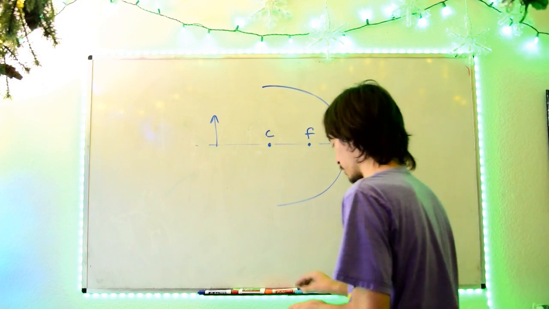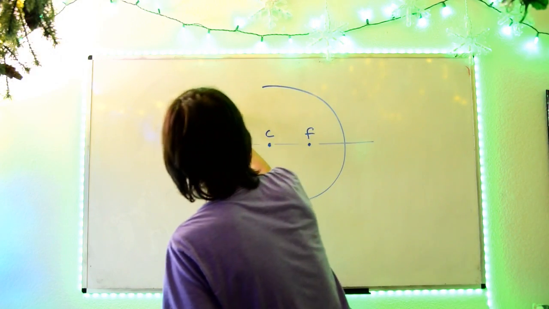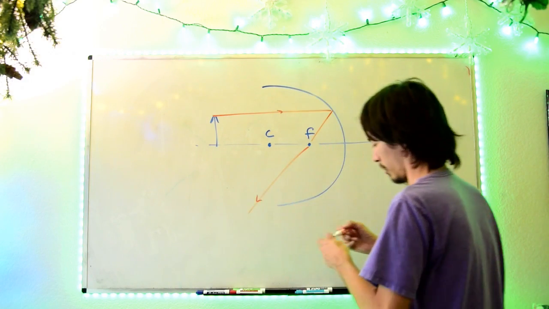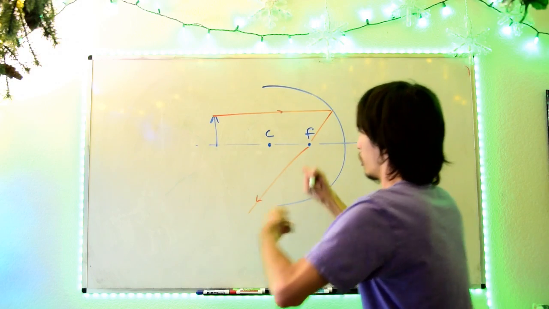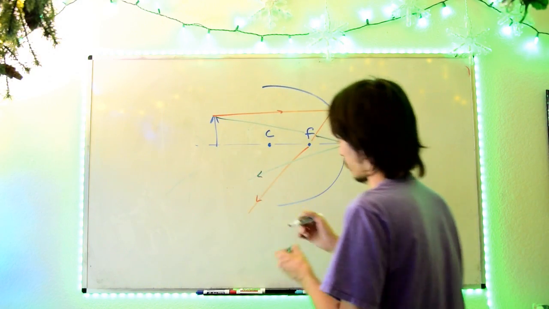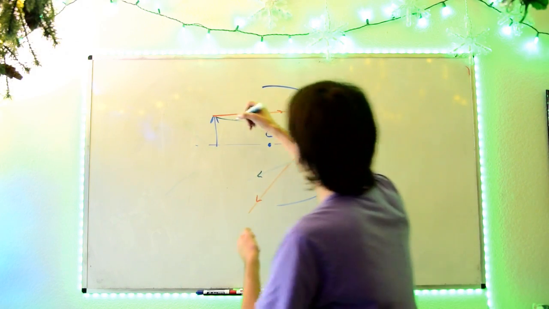So if I were to do a quick ray trace without much explanation, I can show you real quickly. Parallel ray out through the focal point, and a midpoint ray back out like that. I'll do one more ray, the center ray.